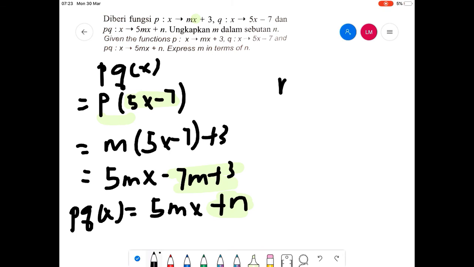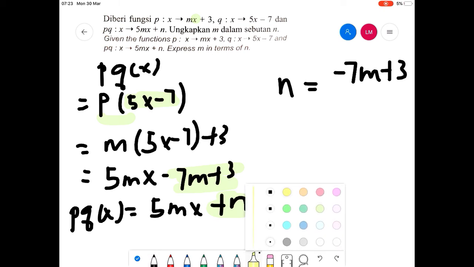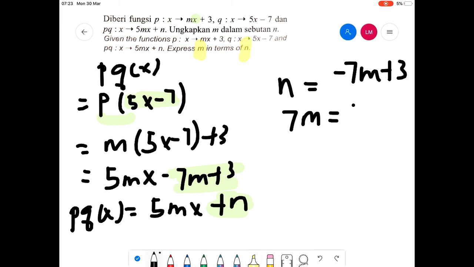That means n will be equal to negative 7m plus 3. But what they want here is m in terms of n. That means m in front. Negative 7m, I bring it to this side, 3 minus n. So your m will be (3 minus n) over 7. Express m means m has to be in front.